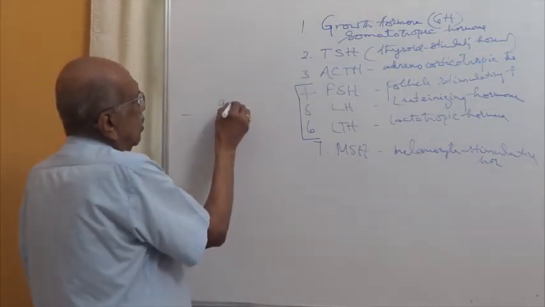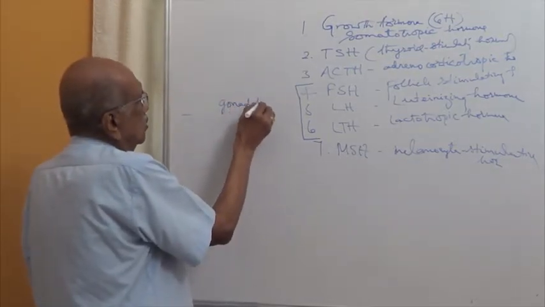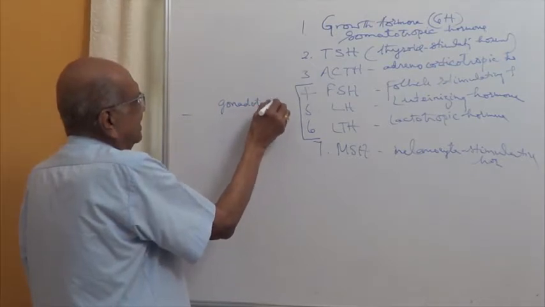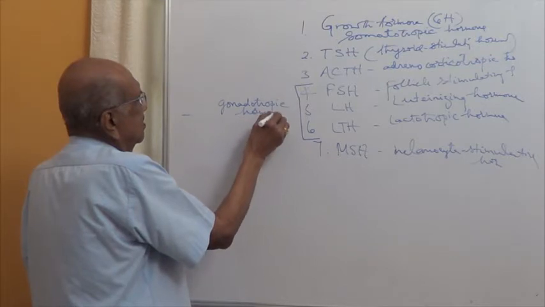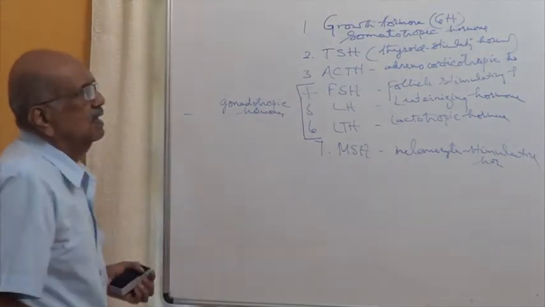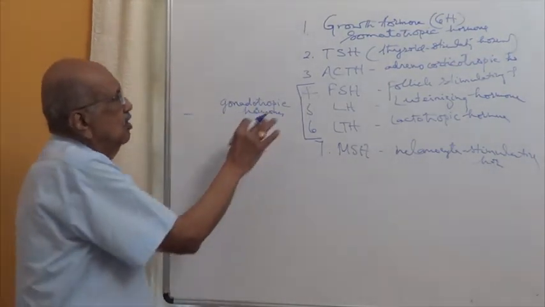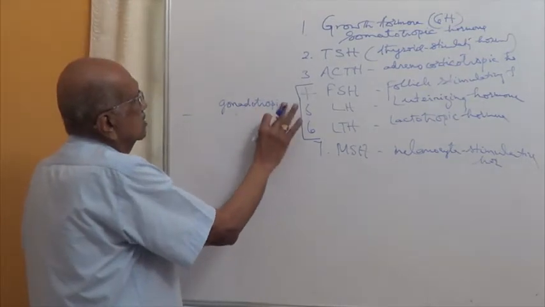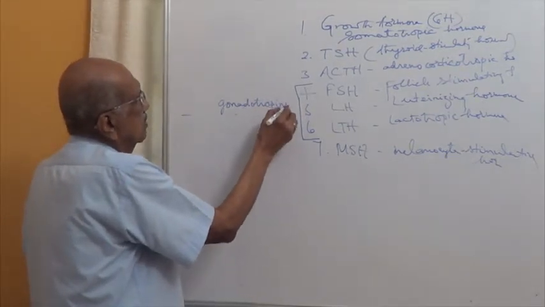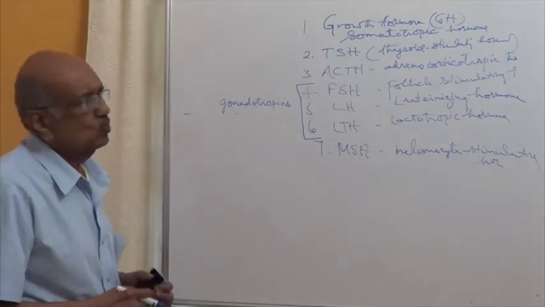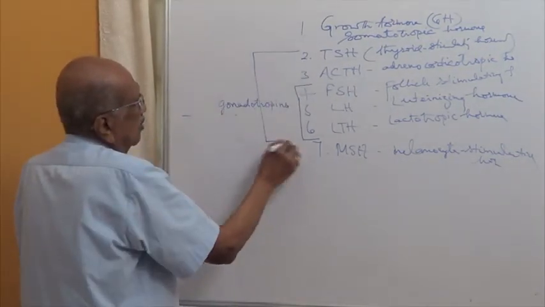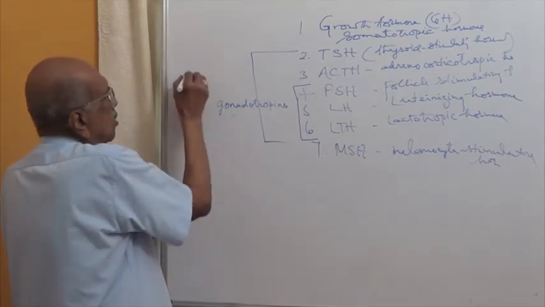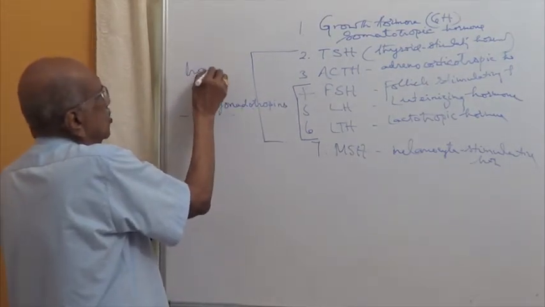These are often called another word, tropic hormones. Gonadotropins, let us say. Make it single. 2, 3, 5 to 6 are all simply tropic hormones.